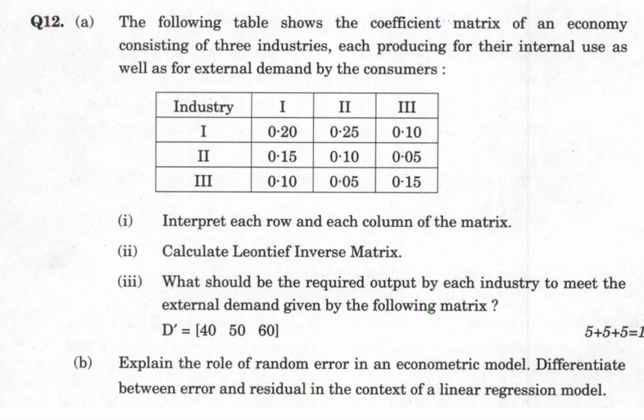Interpreting the row, the first row states that industry 1 provides 0.2 units to industry 1, 0.25 units to industry 2, and 0.1 units to industry 3. All of this essentially shows the inter-industry dependencies.